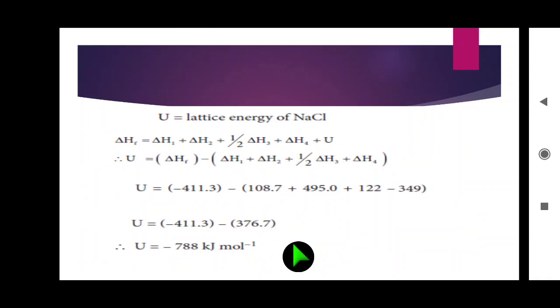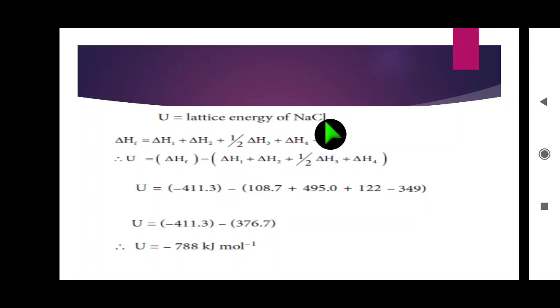So how to calculate? Delta H formation equals delta H1 plus delta H2 plus half delta H3, plus delta H4 plus U. Why half? Because of Cl2, we take half the moles.